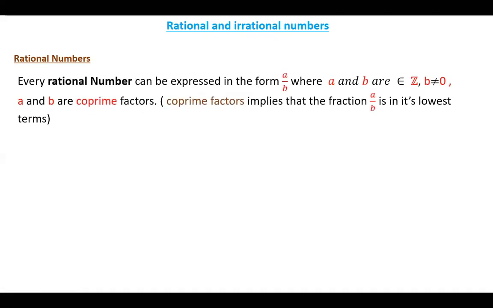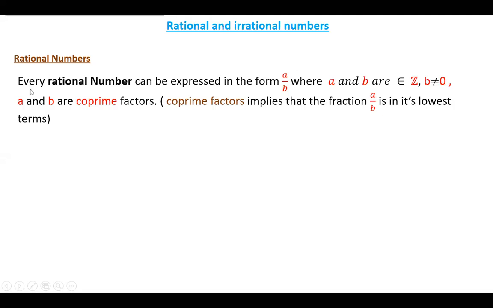So we know every rational number can be expressed in the form A over B, where A and B are members of the integers. Remember what we said yesterday? This Z here denotes the integers. And in this fraction A over B, B will never be equal to 0.